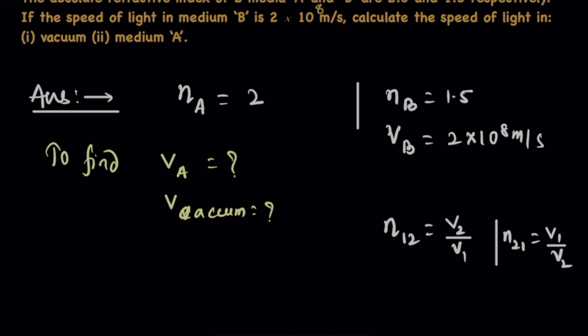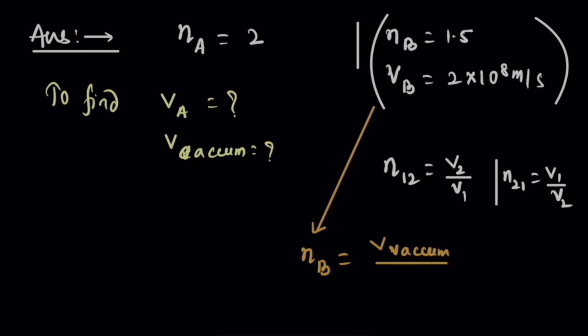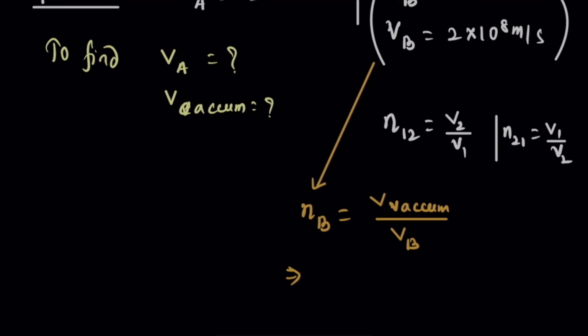So if we substitute the value of NB and VB, we can write it as: refractive index of medium B is equal to speed of light in vacuum divided by speed of light in medium B. By substituting the values, 1.5 is equal to V by 2 into 10 to the power 8 meter per second.